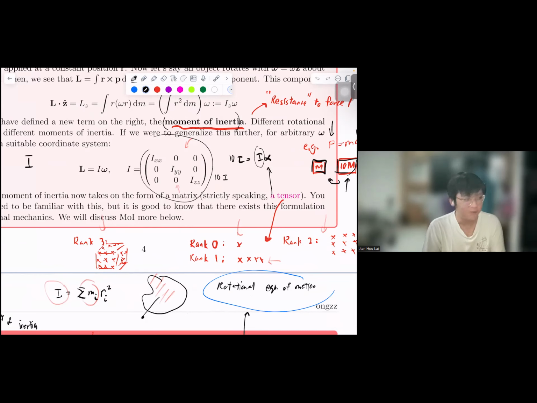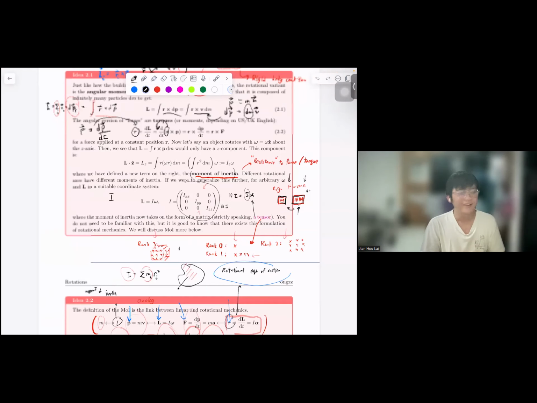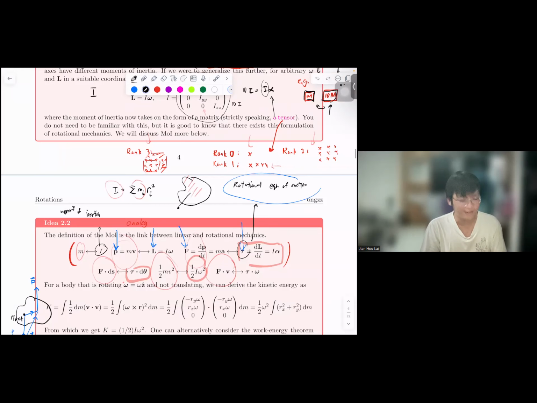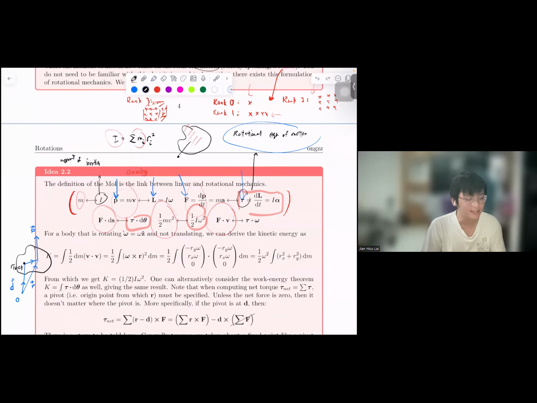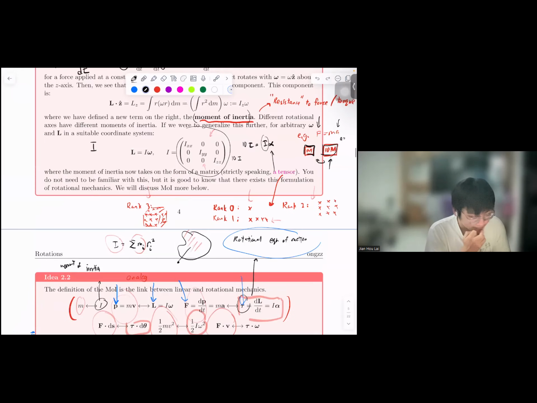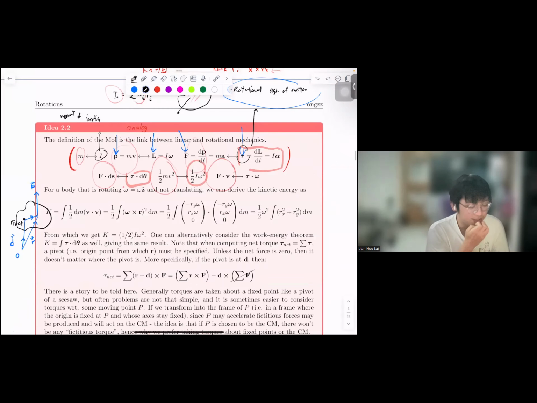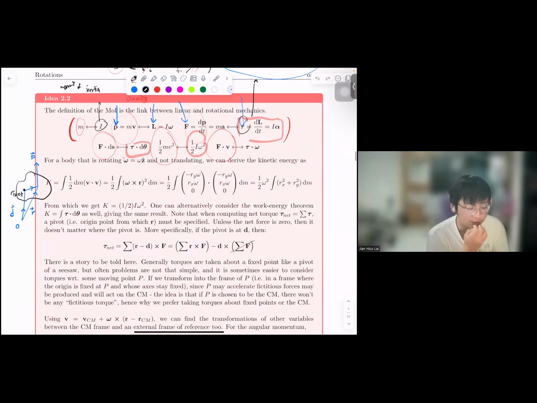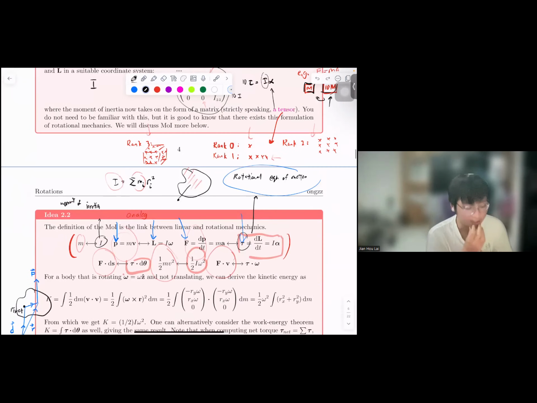Physics is also about beauty, and neater means more beautiful. That is some of the idea of why we use tensors in physics. It simplifies our methods in university physics.